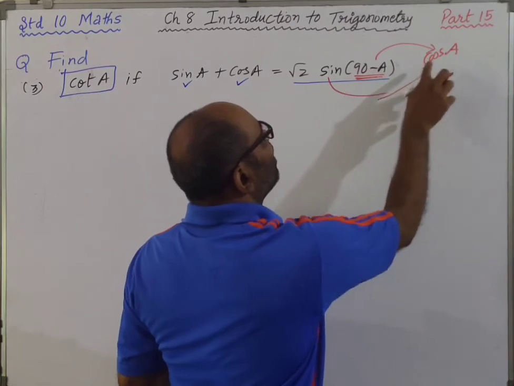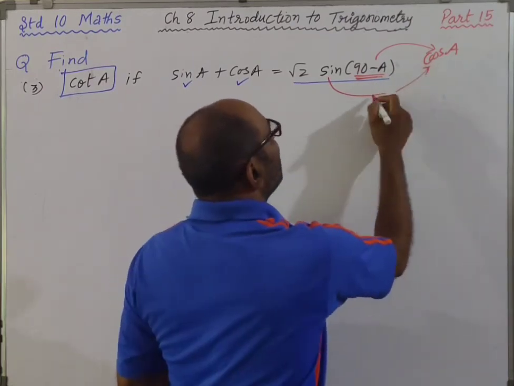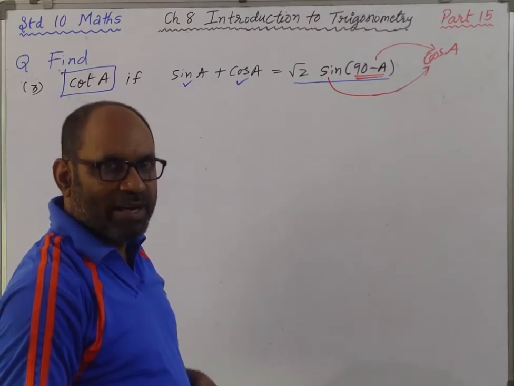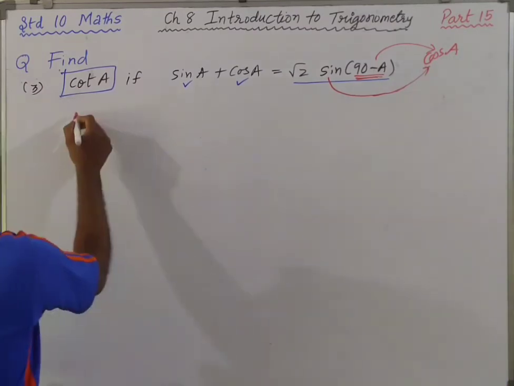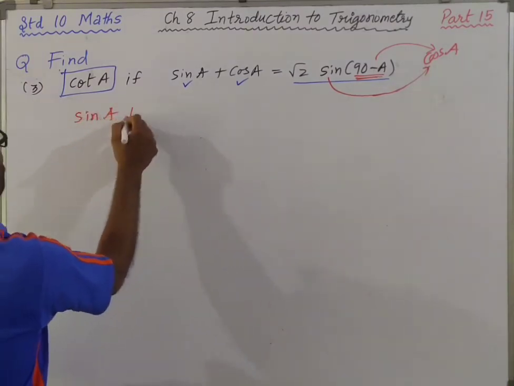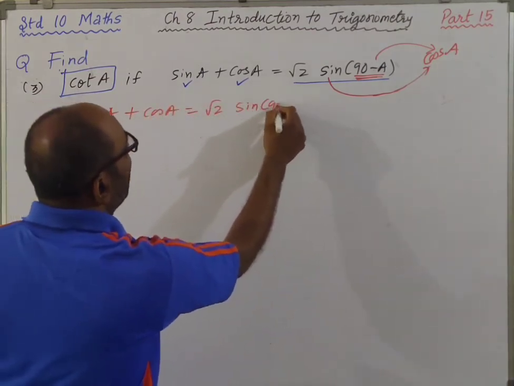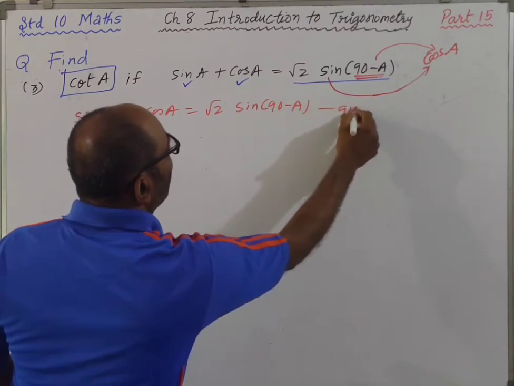So sine 90 minus A is cos A. Are you getting me, children? So first let us use trigonometric ratios of complementary angles. Let's go, sin A plus cos A is equal to root 2 sine of 90 minus A. Given.